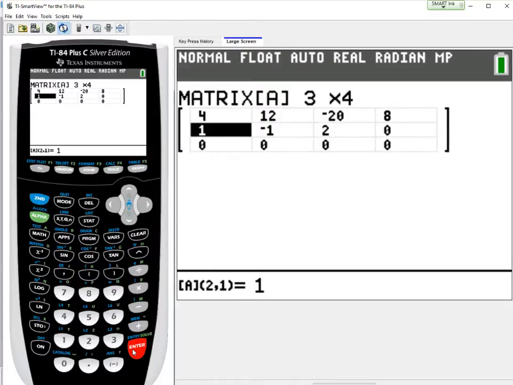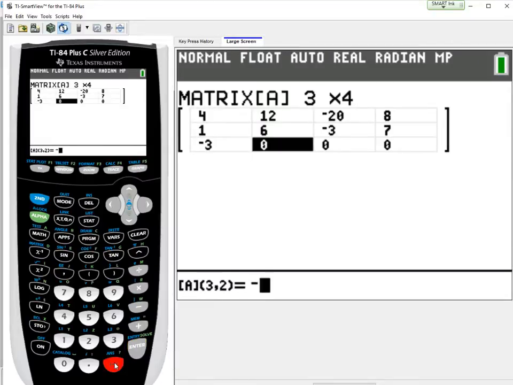And then we've got, what is it? 1, 6, negative 3, 7, negative 3, negative 2, 1, and negative 9. Okay? So hold on before you push it. Trying to do reduced row echelon on paper.